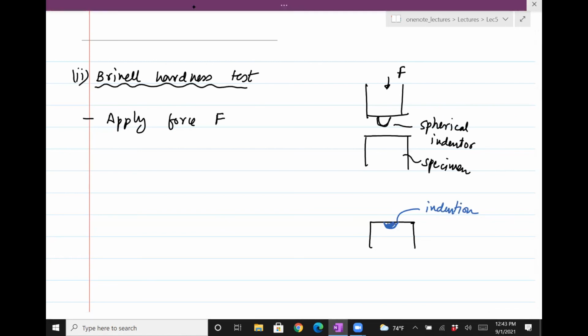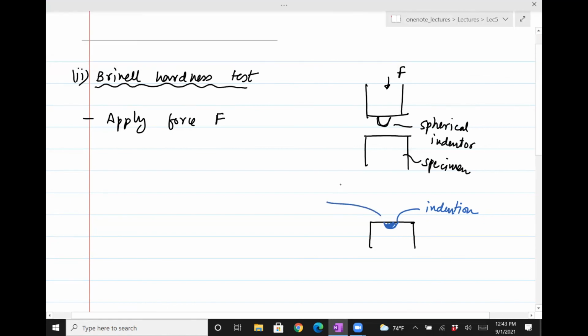So if you have a top view of this, then you see that it's basically a circle. It probably has a diameter less than the diameter of the spherical indenter because it didn't fully penetrate. And that really is how you determine the force.